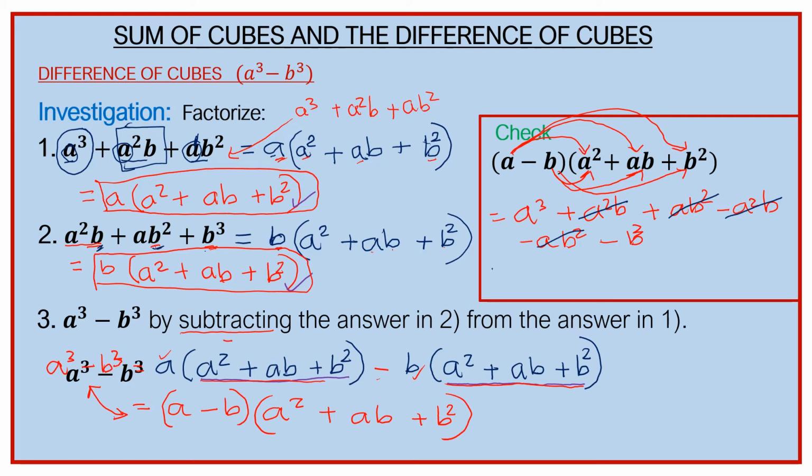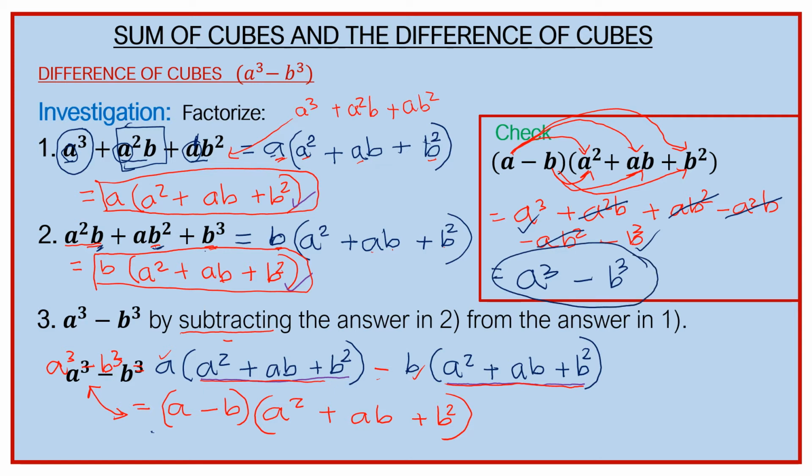And finally, we get a³, which is this one, minus b³, which is this one. So you see that what we are talking about is correct. This is what we call the difference of cubes.